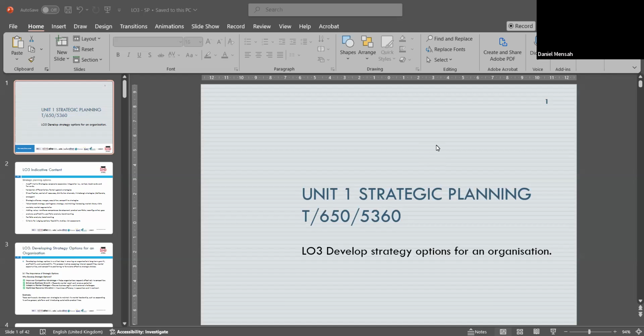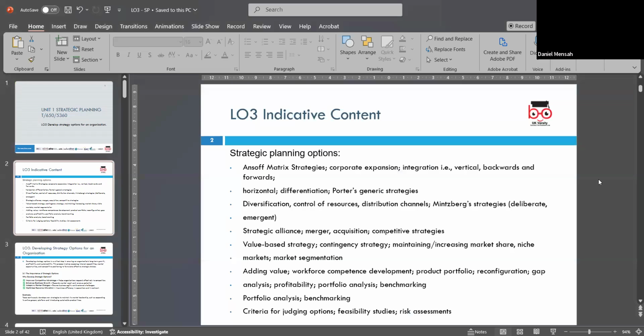So today we are going to cover learning outcome number 3, develop strategy options for an organization. Related to this learning outcome, we have inductive content where we are going to explore different kinds of tools and approaches which will help us to understand planning options, which is a very important session.